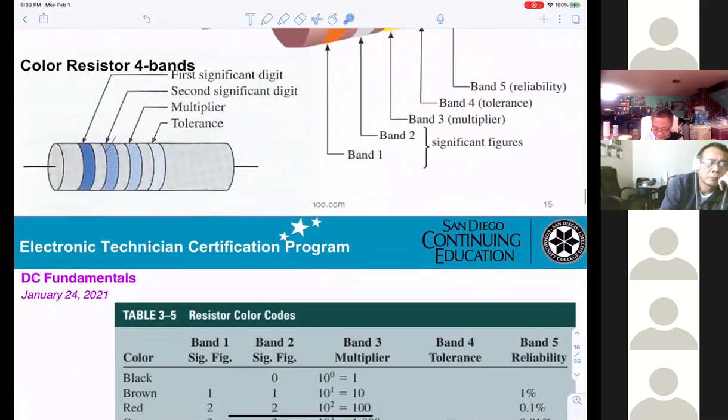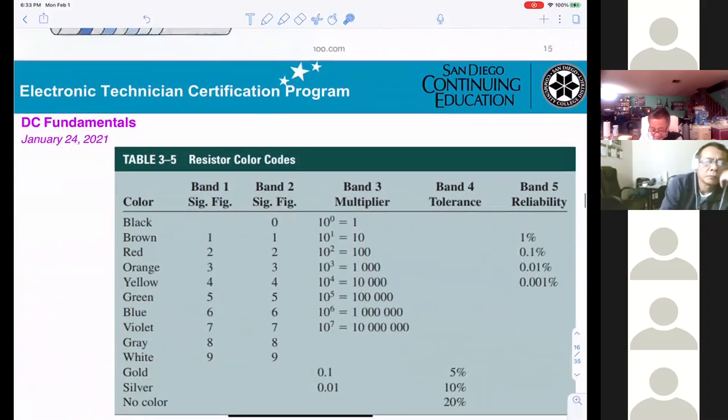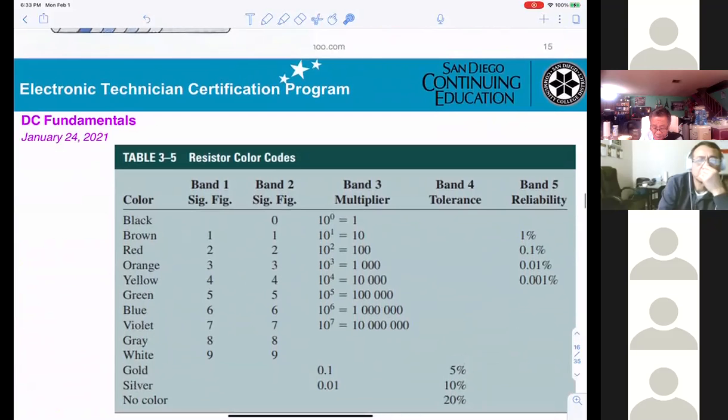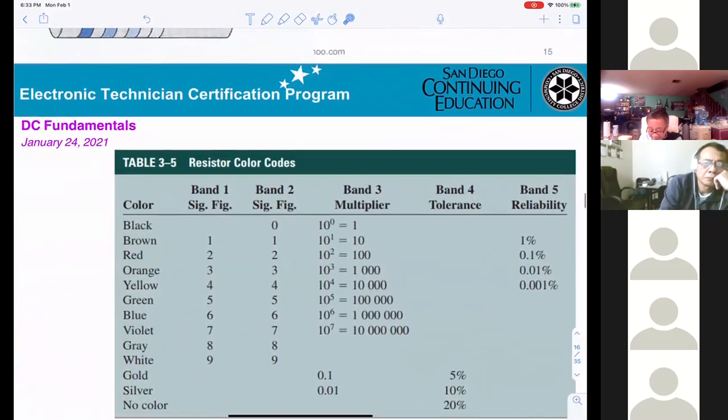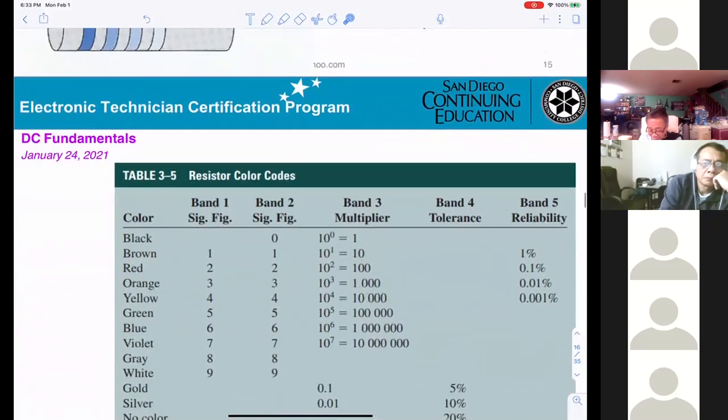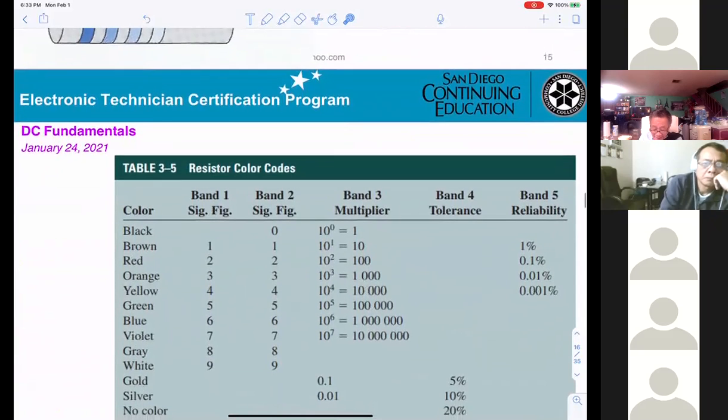Okay, we'll see in here. How do you tell the difference between the two then? Band 4 will be the tolerance for 4 bands. Band 5 means the tolerance for 5 bands.